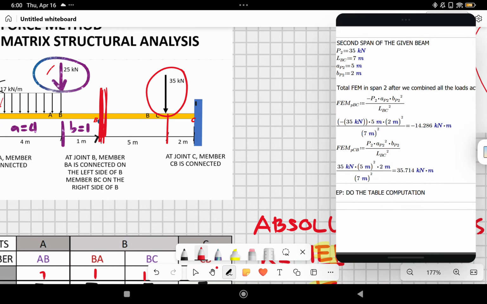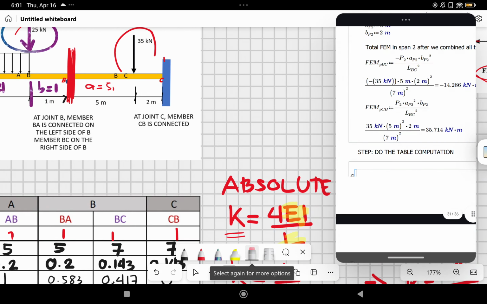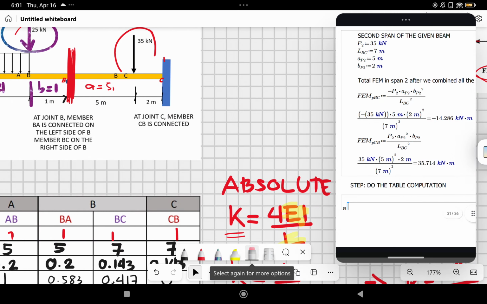Small a in this context means yung distance niya from the concentrated hanggang sa left end of the member, and yung B is from the concentrated hanggang dun sa right end ng member.